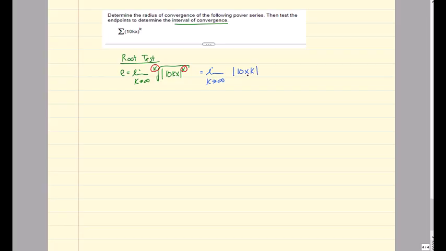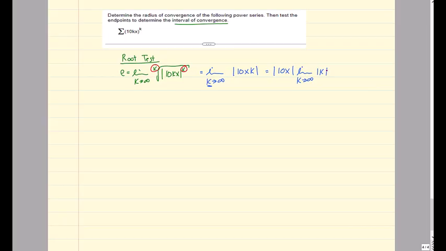Okay, now 10 and x are constants because k is my variable of interest. So this would look like the absolute value of 10x times the limit as k approaches infinity of the absolute value of k.